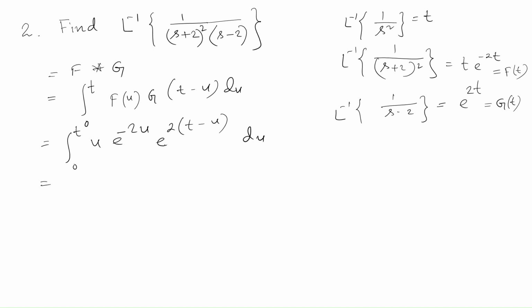Now e power twice t is independent of u, so we can take it outside of the integration. Integration 0 to t u e power minus twice u, and here minus twice u, so minus 4u du. e power twice t. Now let's do the by parts.